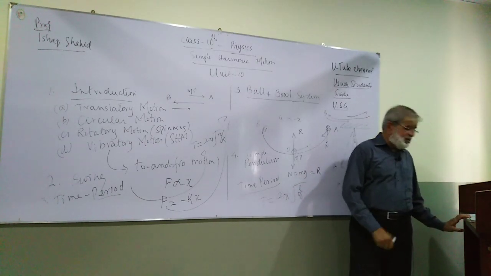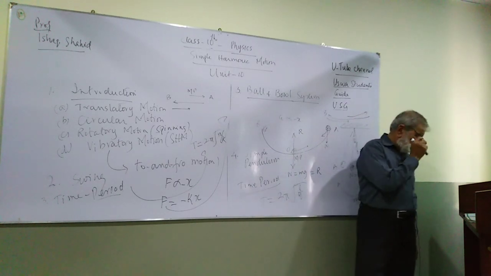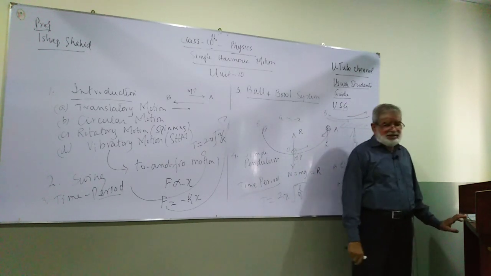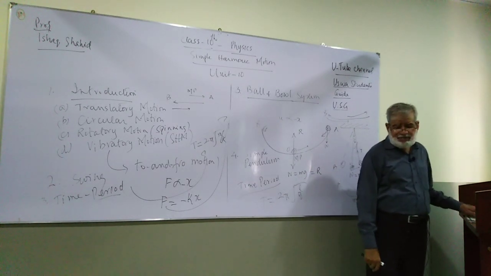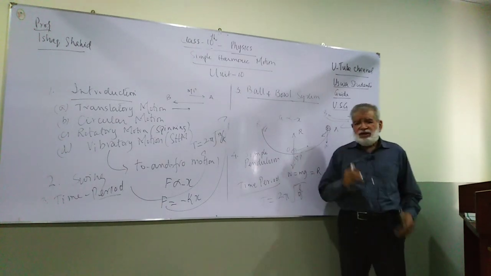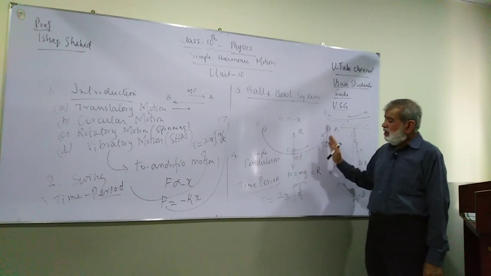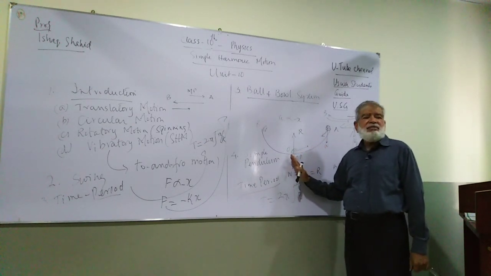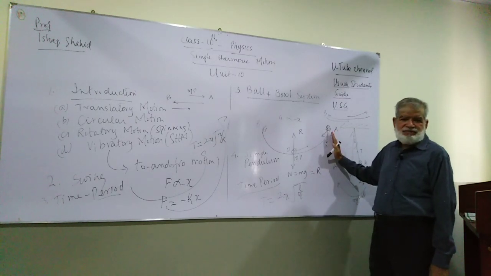Second, the acceleration is always directed towards the mean position. Third, the magnitude of acceleration is always directly proportional to the displacement from the mean position, and the velocity of the body executing simple harmonic motion is maximum at the mean position and minimum at the extreme positions.